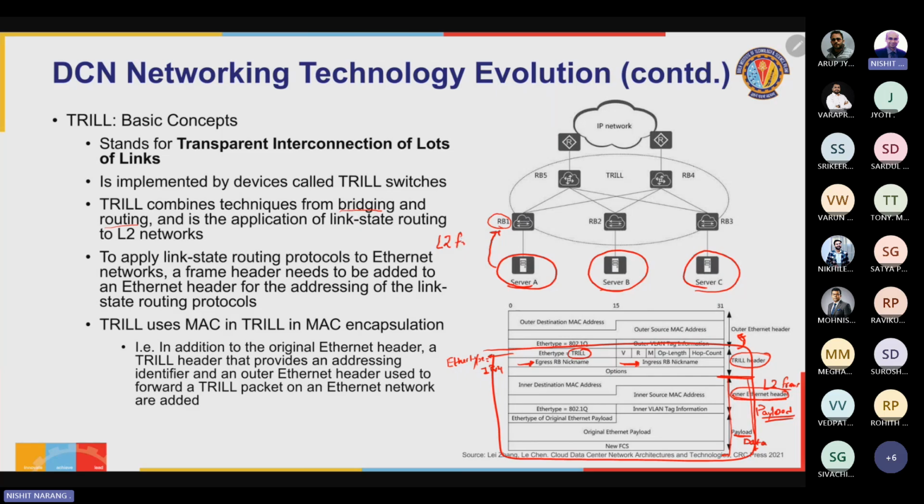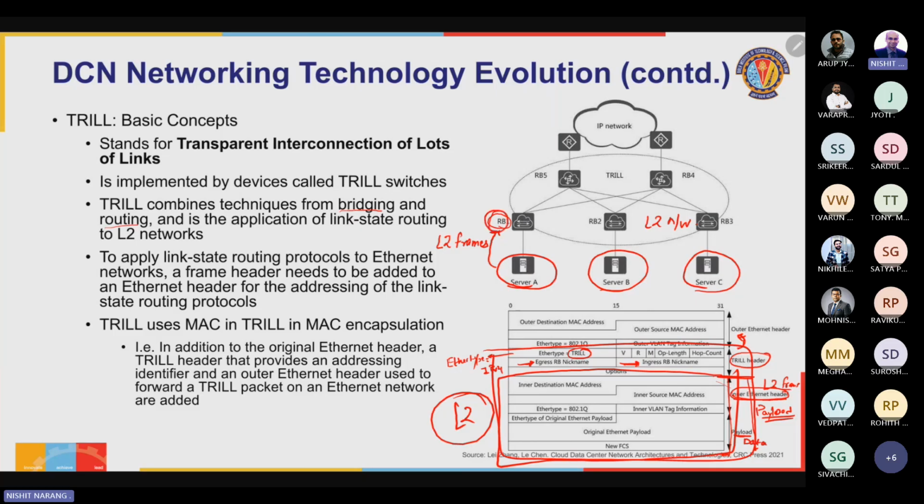They are sending L2 frames because they believe this is a layer 2 network. So they send L2 frames to the access switches to switch towards the destination. That is the inner payload, the L2 frame which the server has generated.